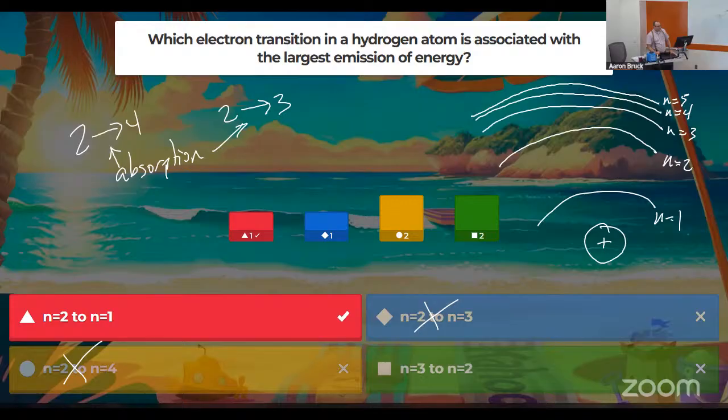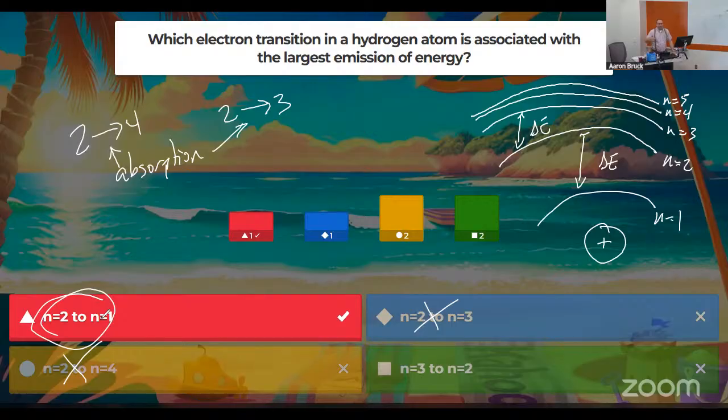And so the biggest gap in energy is going to be the one that is the closest to the nucleus. That's why A, red triangle, is the correct answer.